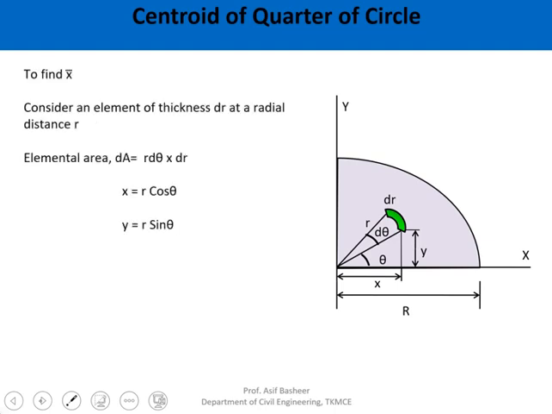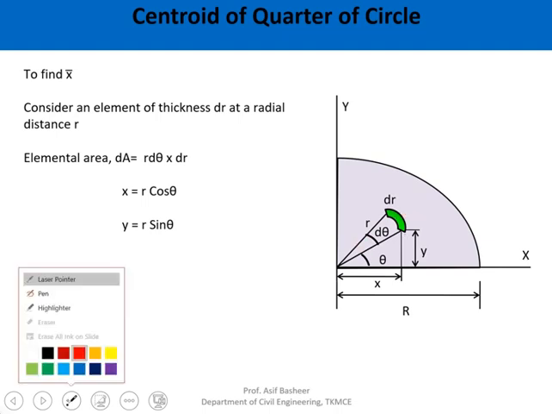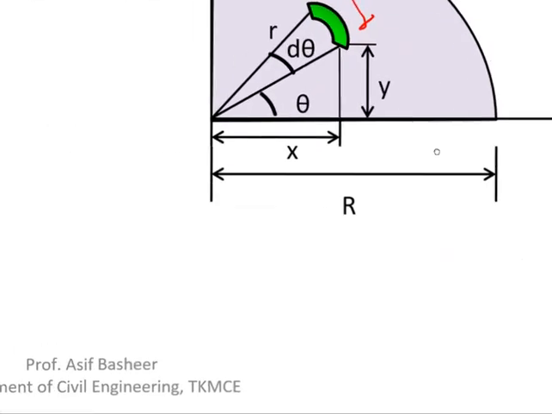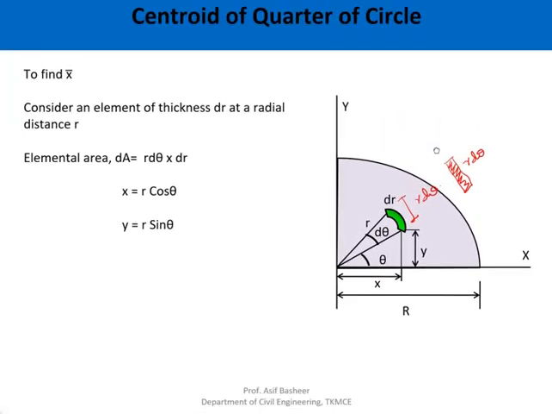So to find x bar, consider an elemental area of thickness dr at a radial distance of r. So the elemental area dA, I can consider this distance as r d theta, into the thickness. That is, I can utilize this as a small rectangular strip like this, having r d theta as the length and dr as the width.